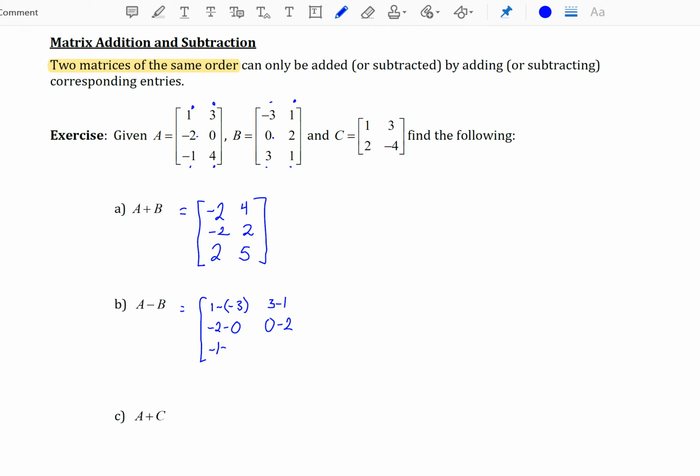Negative 1 minus 3. 4 minus 1. I'm not sure why I decided to break this up into an intermediate step, but let's simplify this and say it's going to be the matrix with entries 4, 2, negative 2, negative 2, negative 4, and 3.